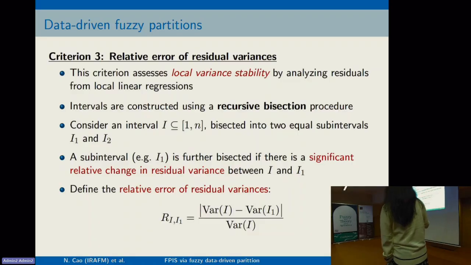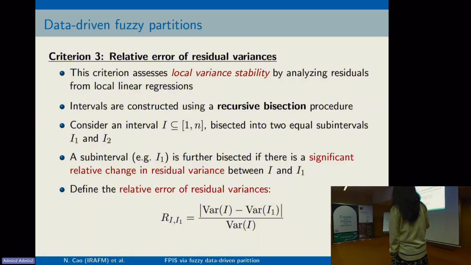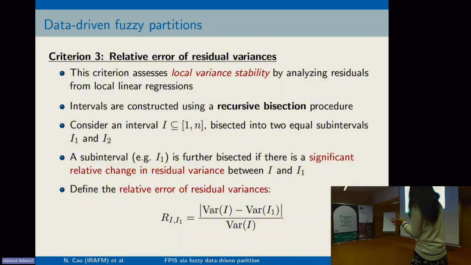And a subinterval, consider, for example, the first part, the left one, is further bisected, meaning split, if there's a significant relative change in the residual variance. So we compute the residual variance of the current interval and the interval we consider to split, divided by the residual variance. It's not the variance in that one, but the residual when we change it.